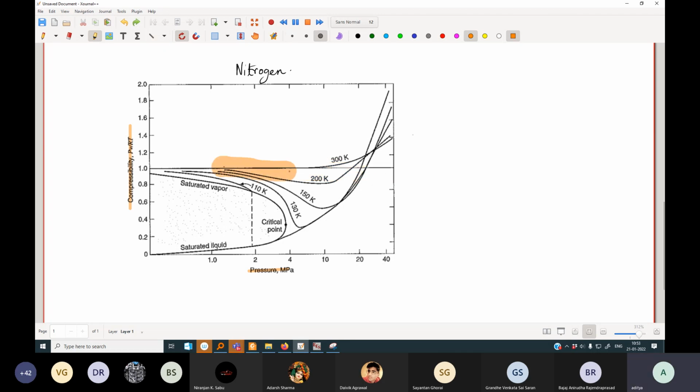You would like to stay in this region. With this deviation, and this deviation, you cannot use the ideal gas equation, you must use real gas properties. Here in this band, whatever temperature and pressure range you have, you can use ideal gas.